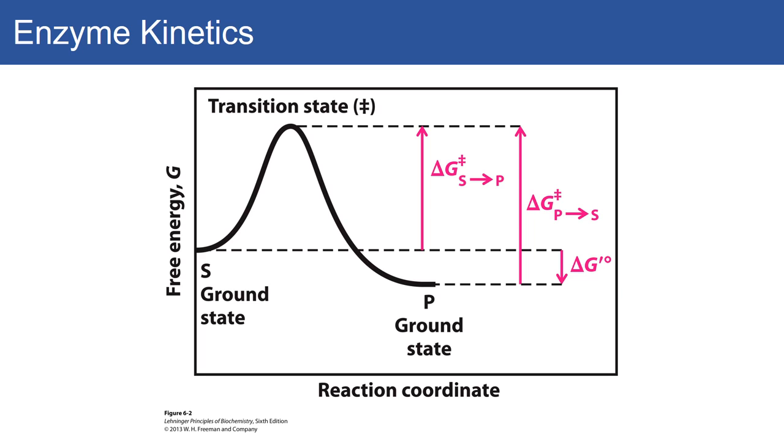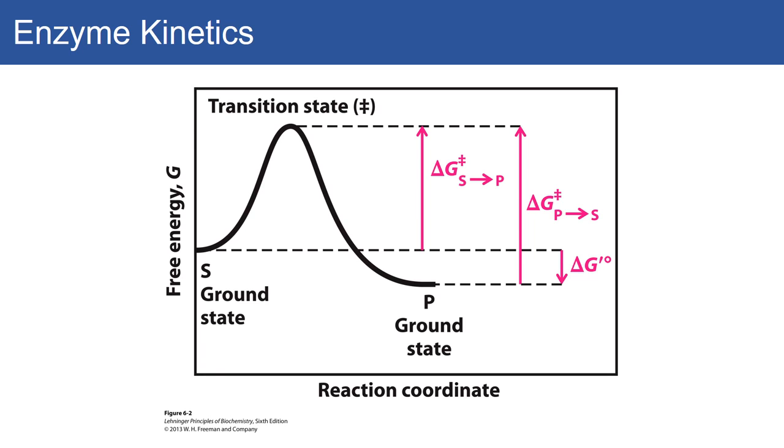In this diagram, you can notice there's the substrate, which is commonly abbreviated S, and that's the ground state. We have a transition state, which is where the substrate is going to change into an intermediate, and you can see that that energy state is commonly the activation energy. To reach the transition state, we have to have the activation energy, and after we overcome the transition state, we go to the ground state.